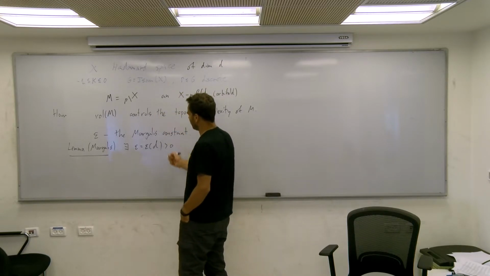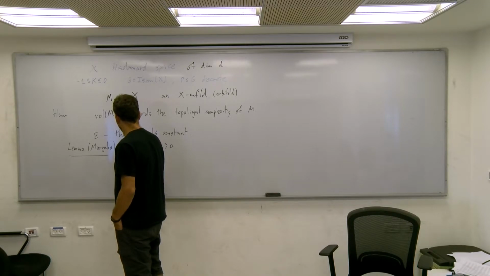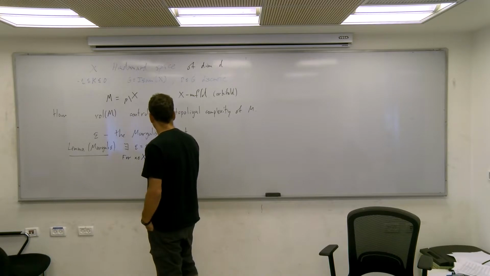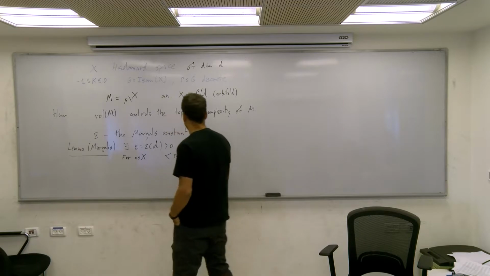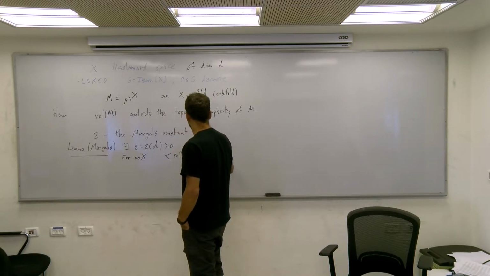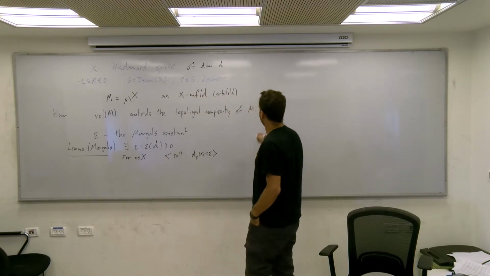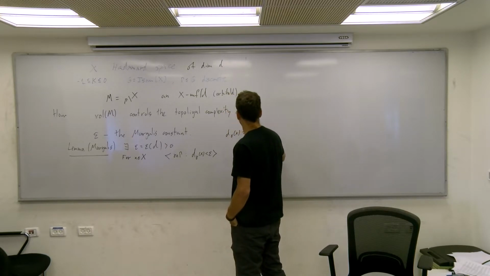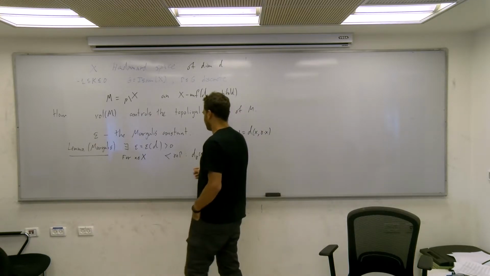such that independently of gamma, for x in X, the group generated by all gamma in Gamma such that the displacement of x is less than epsilon, where d_gamma of x is the displacement function, is virtually nilpotent.